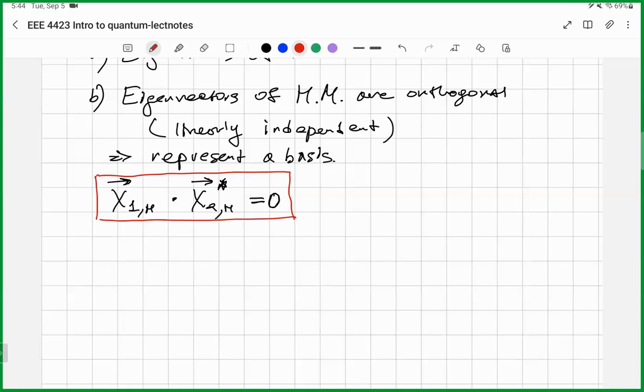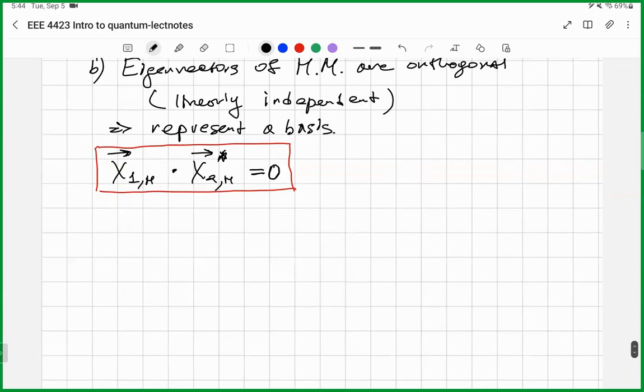And this is basically the definition of two orthogonal complex vectors. And again, I repeat that the eigenvectors of a Hermitian matrix are orthogonal and can be used to span the basis of the corresponding space.